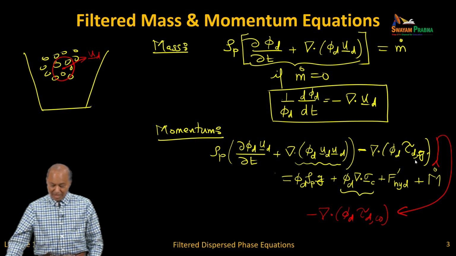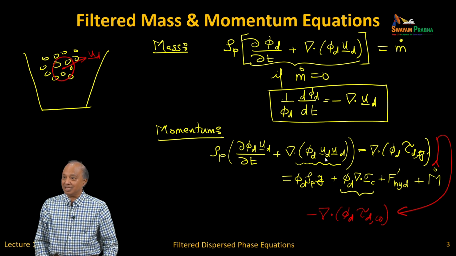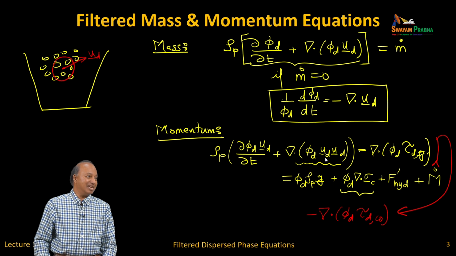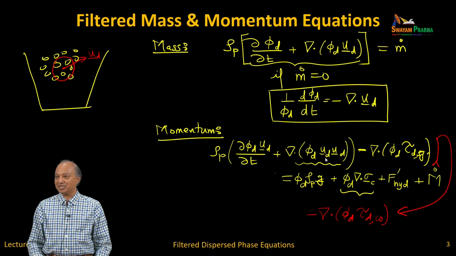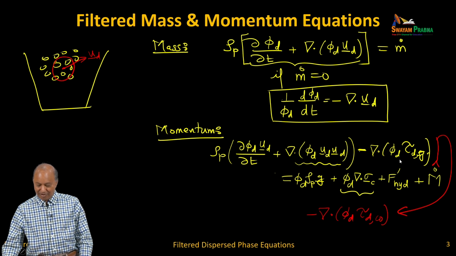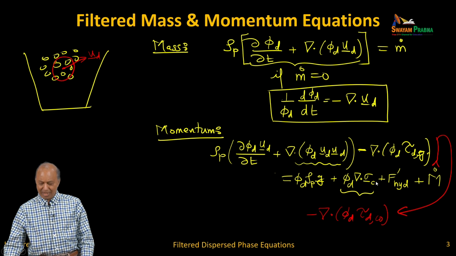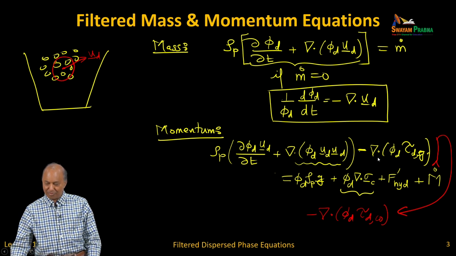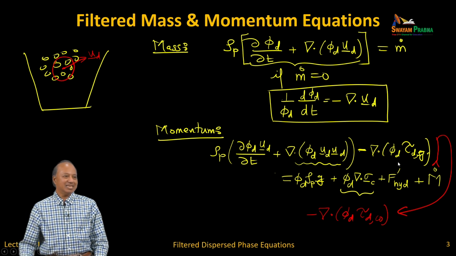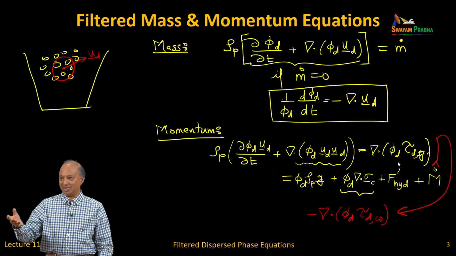In other words, ud is the particle's average velocity, but each particle is moving a little differently from the average, and therefore, just like Reynolds stress, a particle-velocity-based subgrid stress will appear. This accounts for the fact that particle velocities fluctuate from the average. It's not small scale eddies anymore, but the effect of the small scale eddies on the particle velocity.